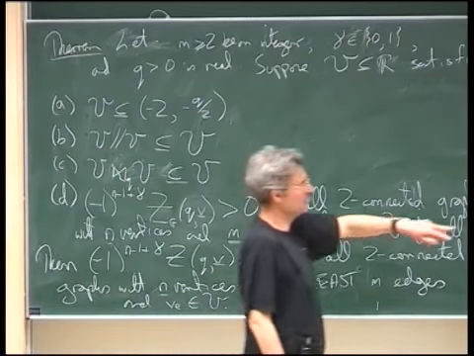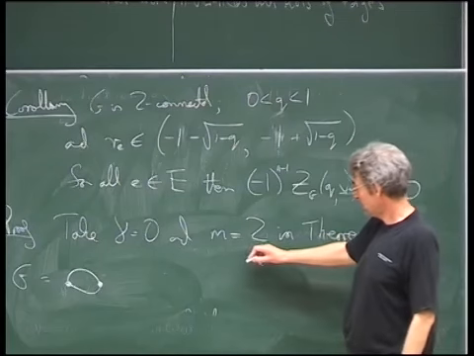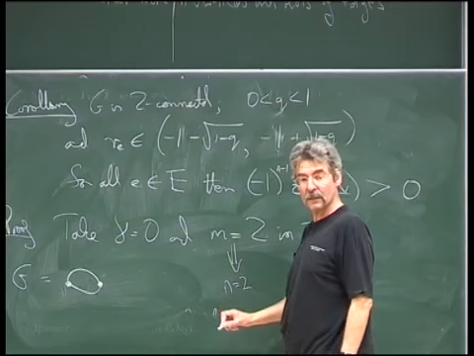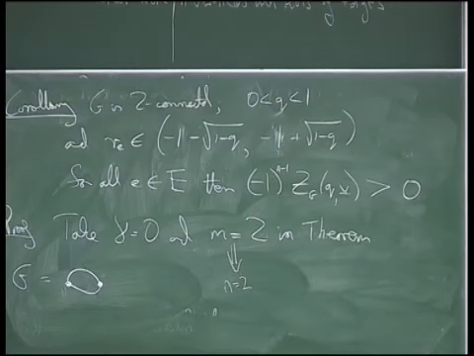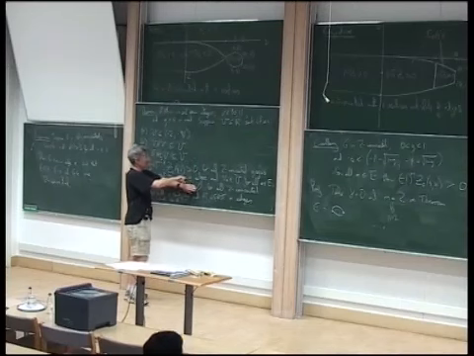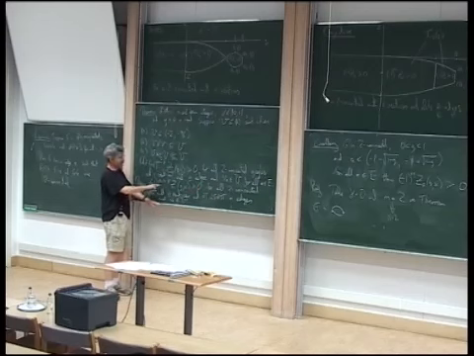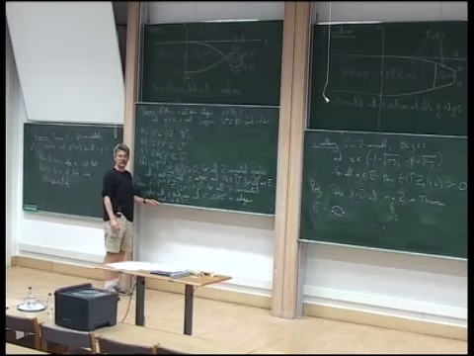So we take m equals 2. Here we cannot just use m equal to 2. If m equals 2, then n cannot be too big. If n is too big, the graph is not a 2-connected graph. Yeah, so if m equals 2, this implies that n must be 2. Yeah. So to check it, we only have to check 2 edges and 2 vertices. But then the conclusion holds for graphs with an arbitrary number of vertices and edges.